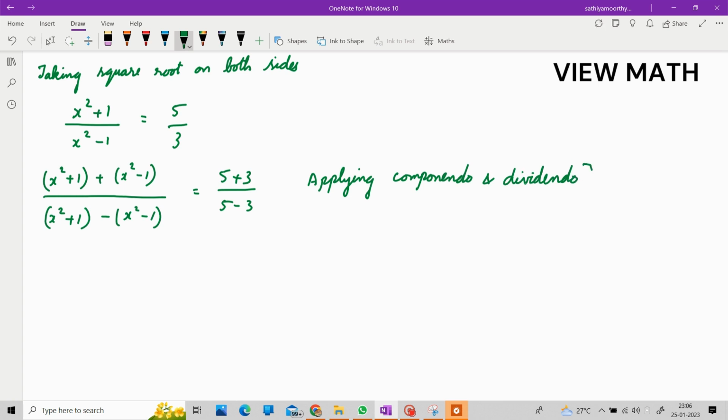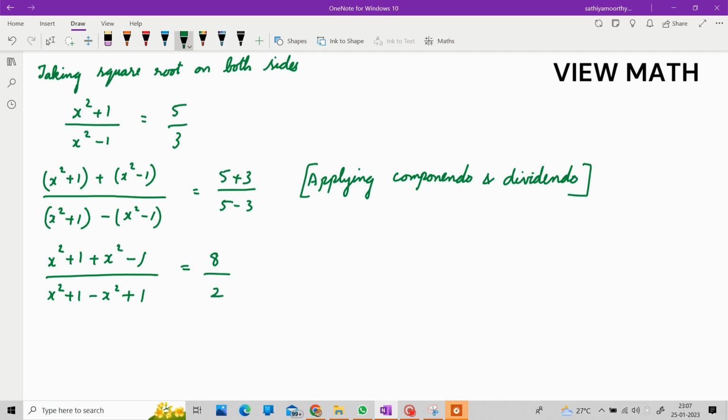Applying componendo and dividendo property, we have got this. Now let me simplify this. Minus into minus is plus 1. This is equal to 5 plus 3 is 8 and 5 minus 3 is 2.